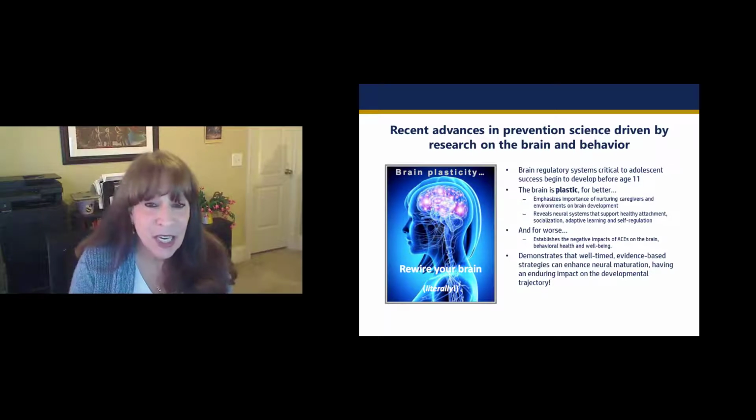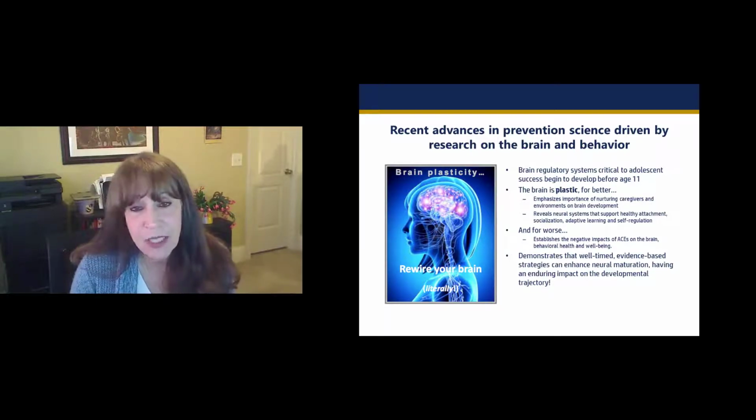And we have actually identified some of the neural structures and networks that support healthy attachment, socialization, adaptive learning, and yes, self-regulation. So we know what these neural systems are, and we're beginning to be able to see what is working to support these systems.